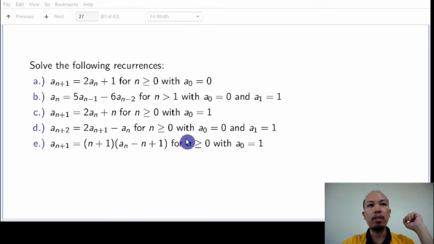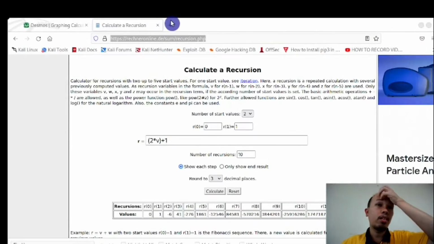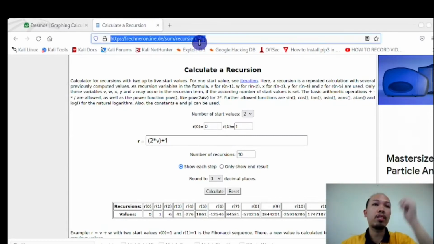I don't know what happened, but I think there's maybe a mistake on our part, or I don't know. Just try it at home. Just copy this URL in the Google browser, and then make use of this recursion calculator.